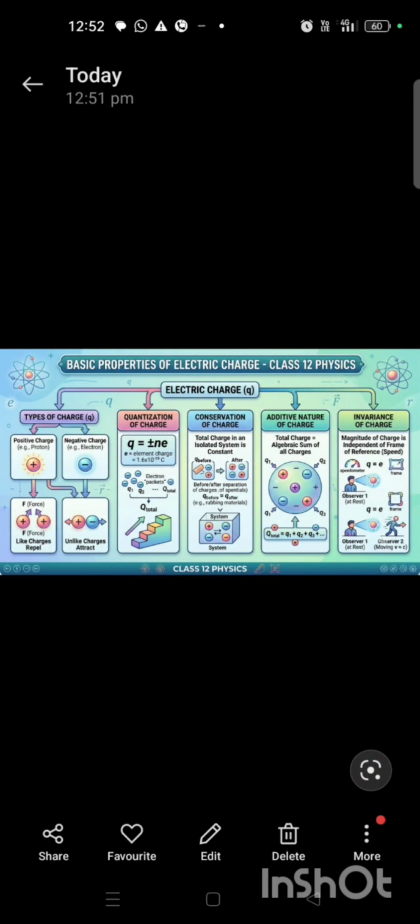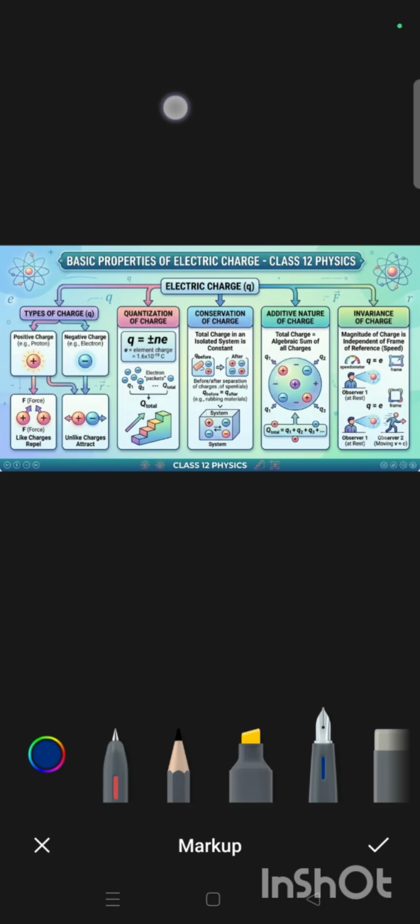Now let's see the basic properties of electric charge, class 12, which is very important. Please do mark a star as this question is a 100% short question which will be asked in almost all the exams, and these concepts will be asked in the competitive exams.